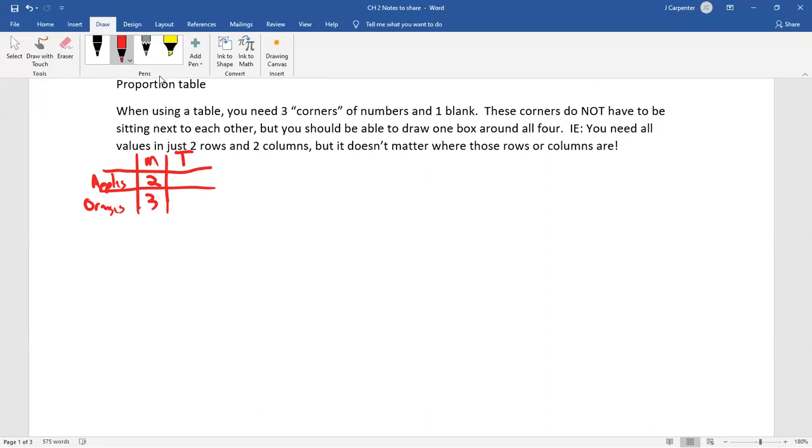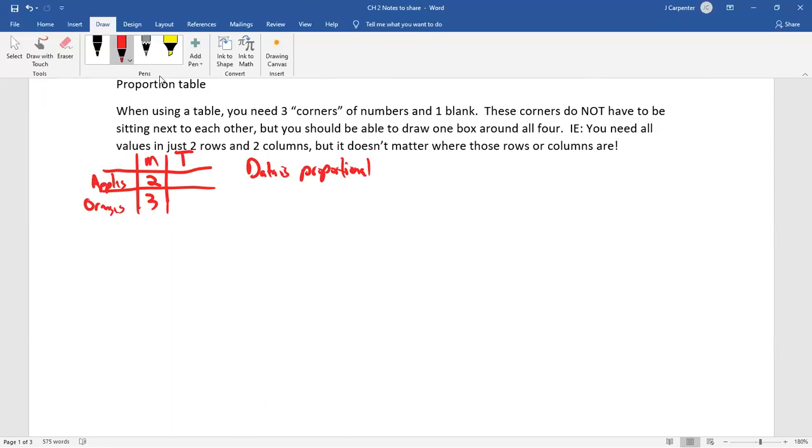So, maybe we're not a big grocery store. Maybe we're just someone on the corner selling apples and oranges out of a bucket. And I am told that this data is proportional, which means as one increases, the other increases in a predictable manner.